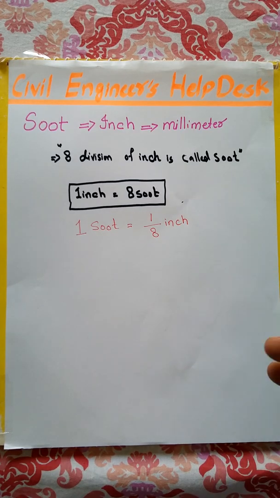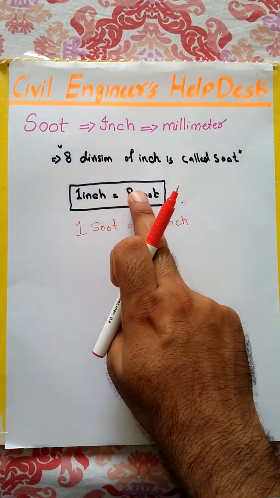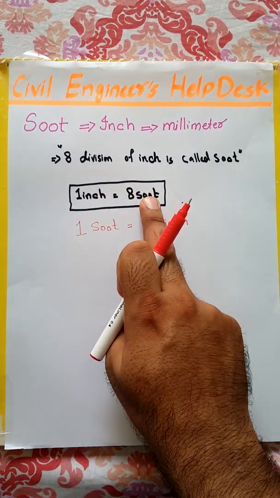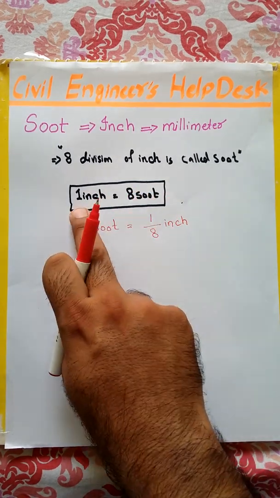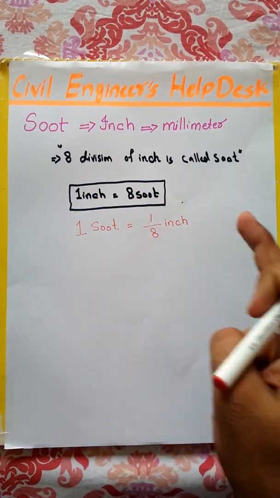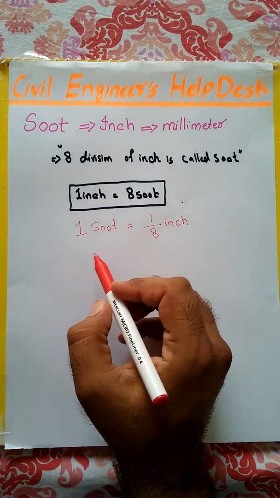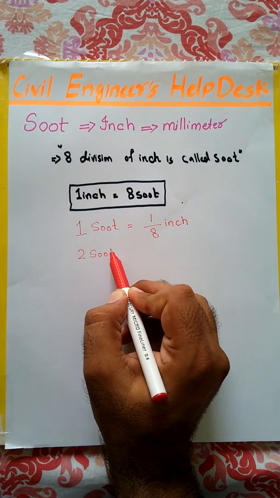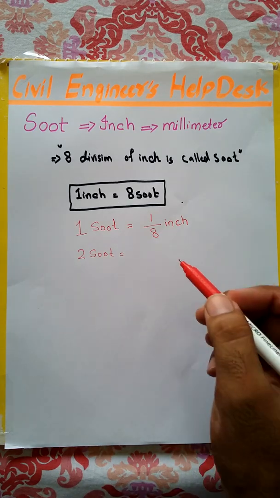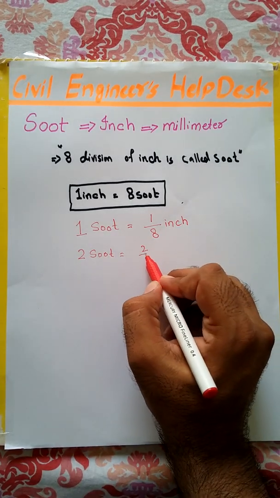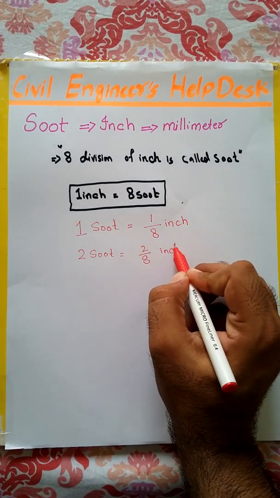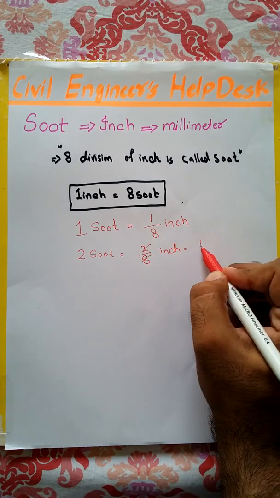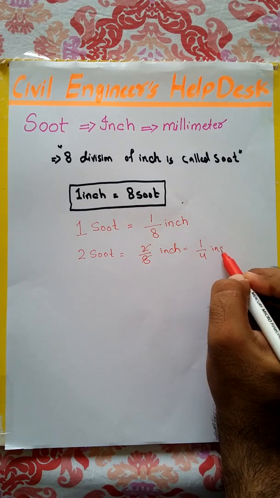It's a reverse relationship. 1 inch is equal to 8 Sooth, so 1 Sooth is equal to 1 divided by 8, which gives 1 upon 8 inches. If someone says 2 Sooth, you will say 2 upon 8 inches, or 1 upon 4 inches.